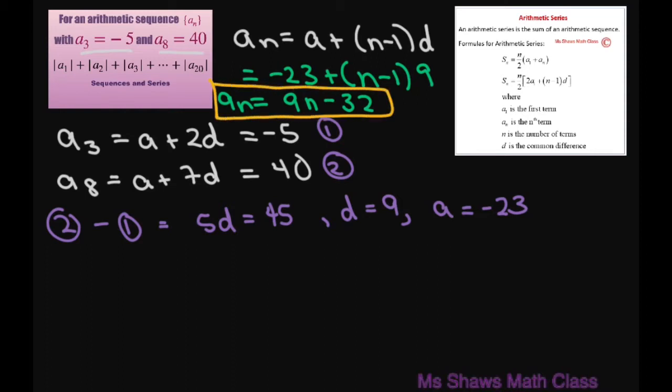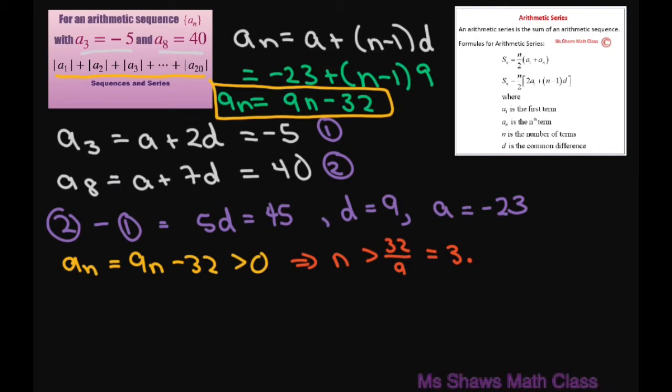All right. Now, let's look for when a sub n, which is 9n minus 32, is positive. We're doing that because we have these absolute value signs. So when it's positive, we get n is greater than 32 divided by 9, which equals 3 and 5/9.